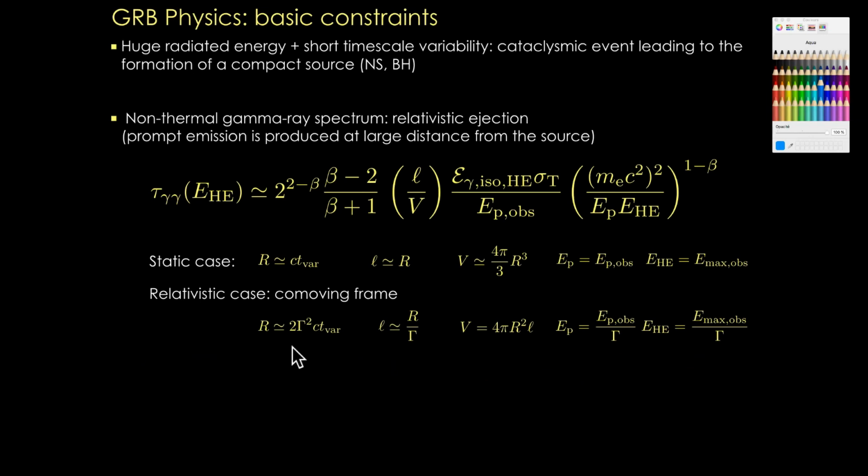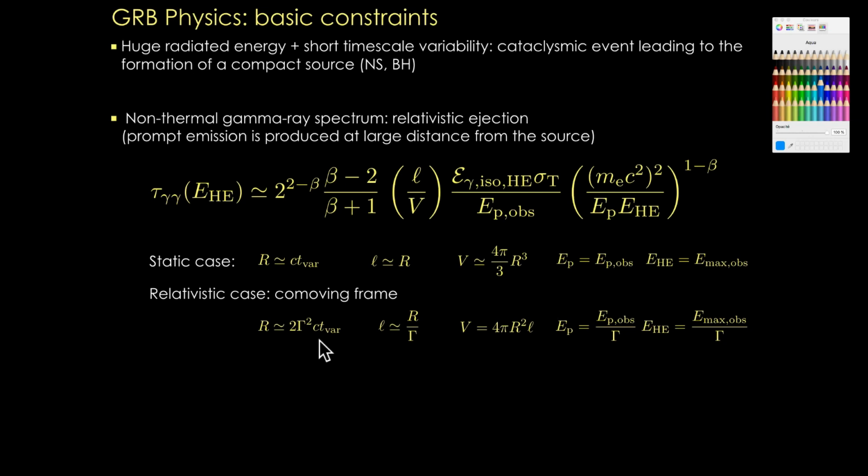I see only a small fraction of this emitting region, which is pointing towards me and beaming photons in my direction due to the relativistic beaming. And as the beaming angle is of the order of 1 over gamma, it means that I see only a fraction which is very small, which is 1 over gamma squared. And then it means that from the causality argument, I can apply this causality argument only to this small region, and the true size of the region is gamma squared larger than before.